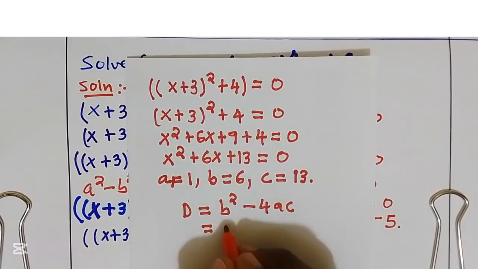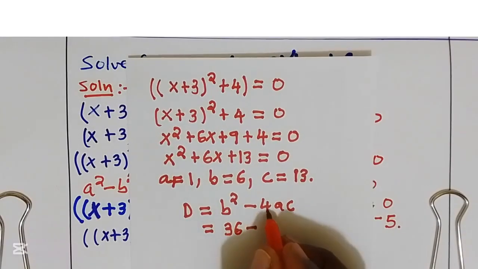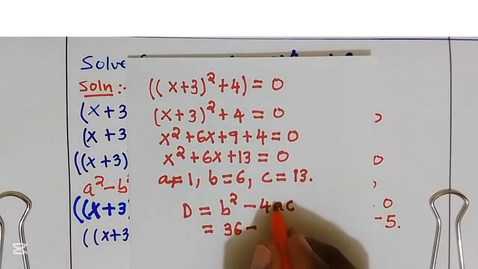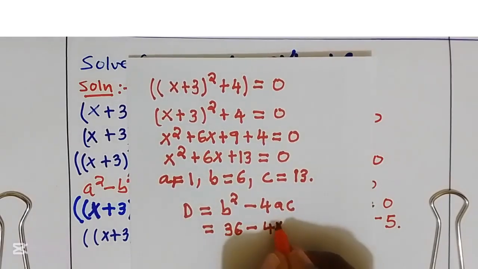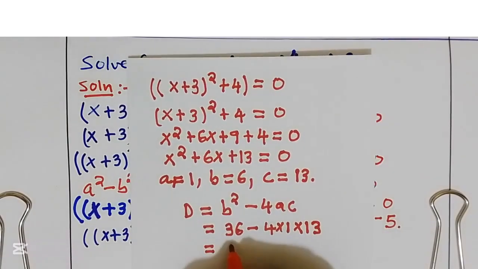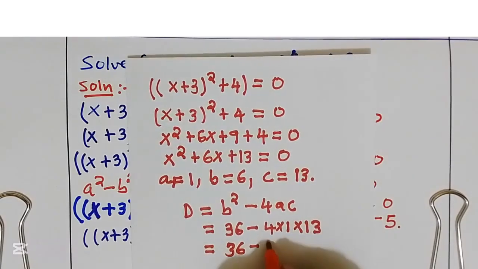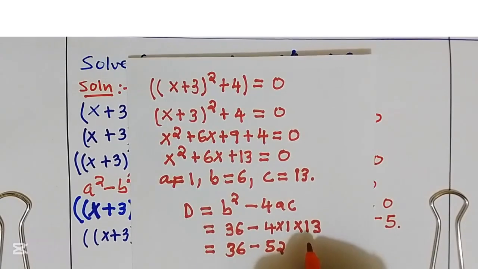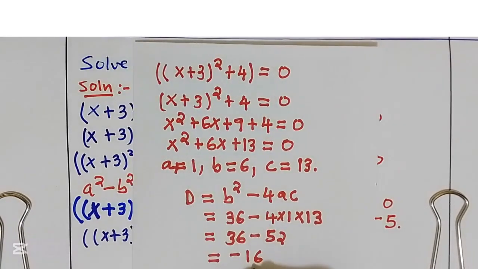That is 36 minus 4 multiplied by 1 multiplied by 13. It is -16. Since the discriminant is negative, we are going to get a complex root.